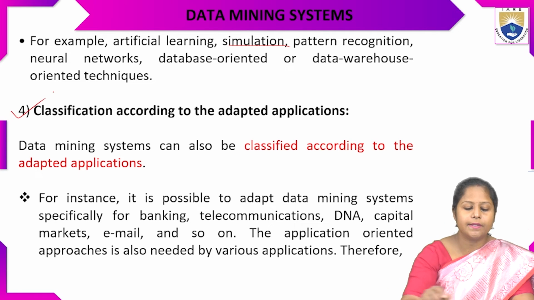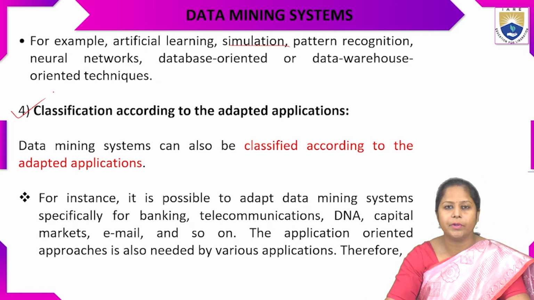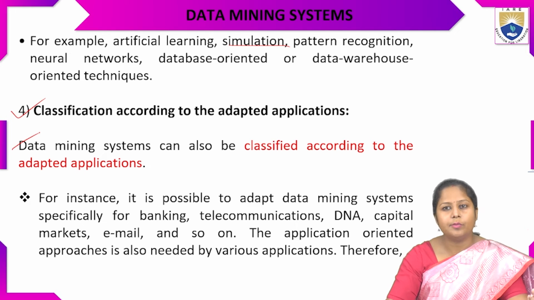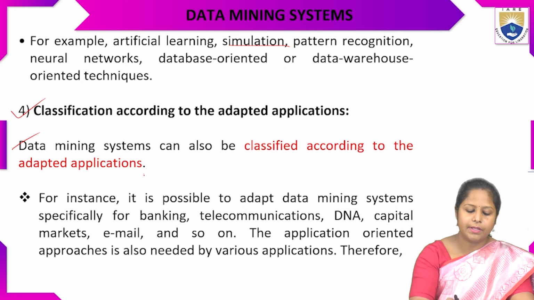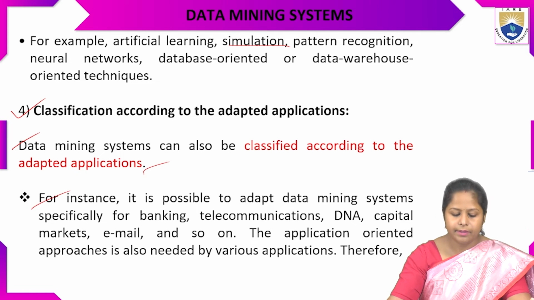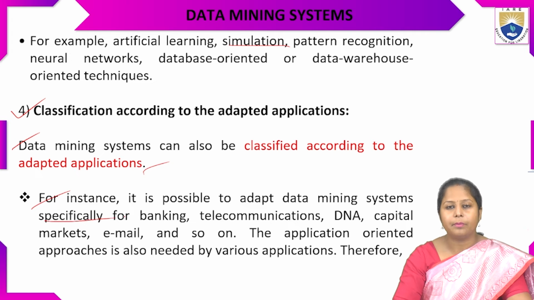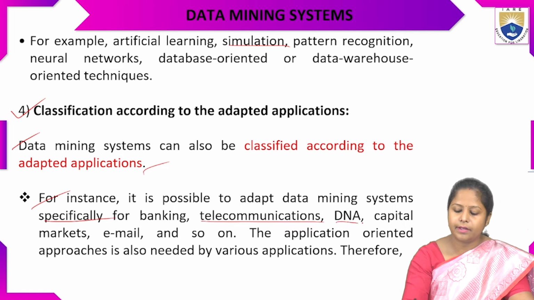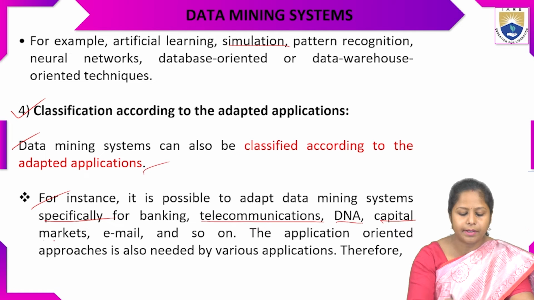So the fourth classification is classification according to the adopted applications. What are the applications we have adopted? On the basis of that, we can classify the data mining system. For instance, it is possible to adopt data mining especially for banking, telecommunications, DNA, the capital market, email and so on.